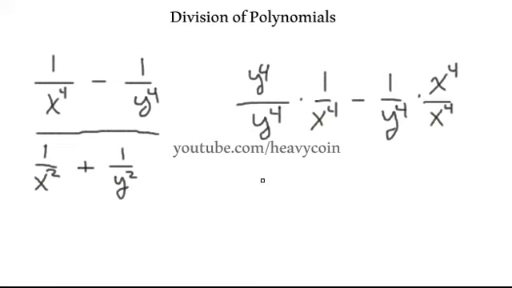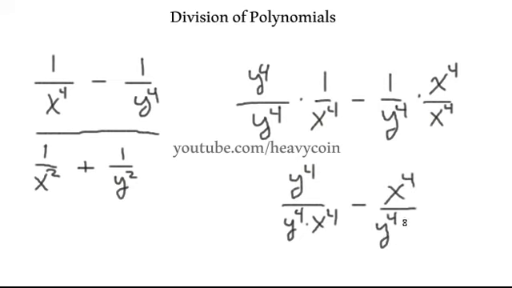Okay, so rewriting all this, y to the 4th times 1 is just y to the 4th, and of course that's over y to the 4th times x to the 4th, minus x to the 4th over y to the 4th, x to the 4th.